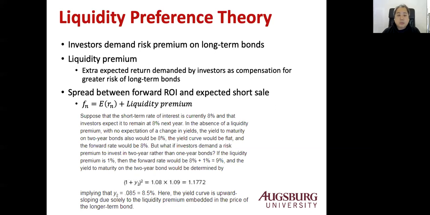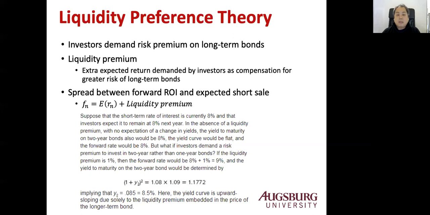The example shows that, suppose the short-term interest rate is currently 8%, and investors expect it to remain at 8% next year. If we don't have any liquidity premium, your forward rate will also be 8%, but it's possible that you require a 1% liquidity premium, increasing the forward rate to 9%.